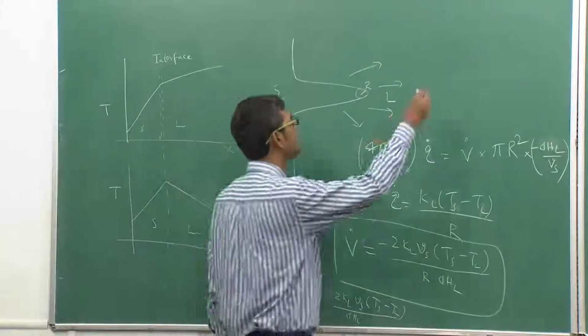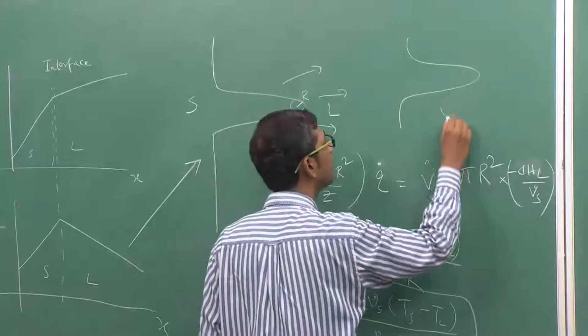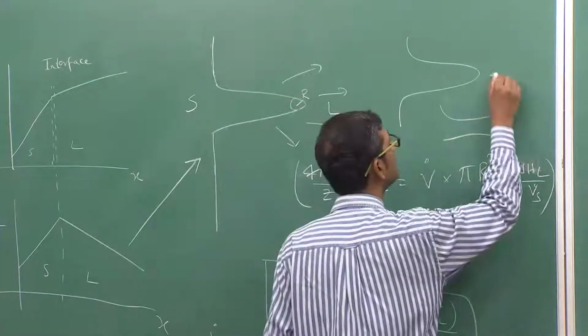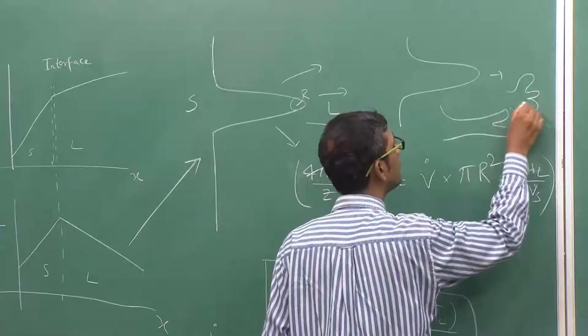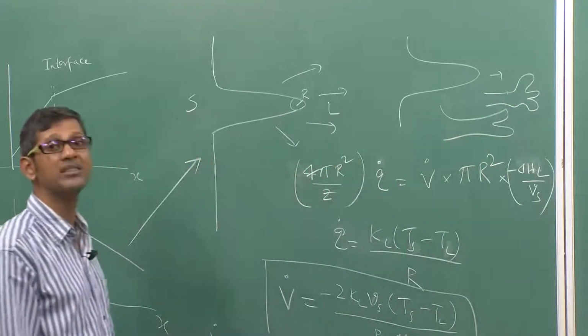Suppose I have a dendrite tip like this, under what condition will this tip not become like that, or not become like this. Okay, that means under what conditions the tip will remain stable.